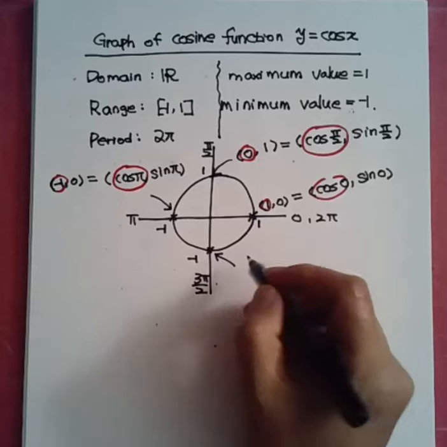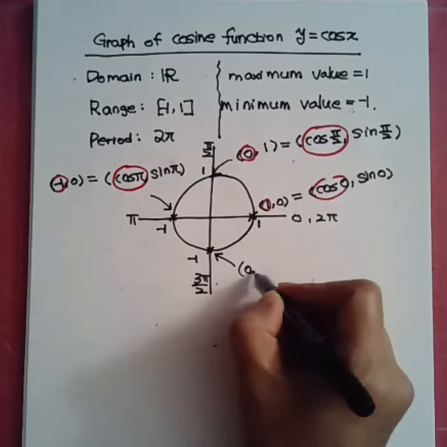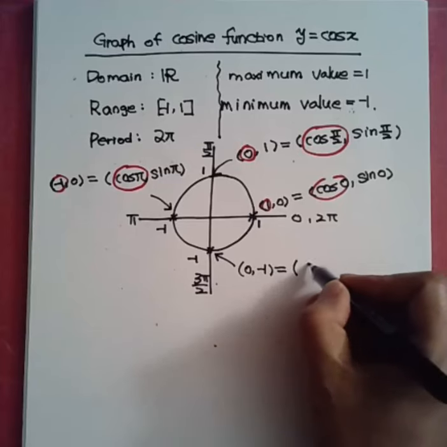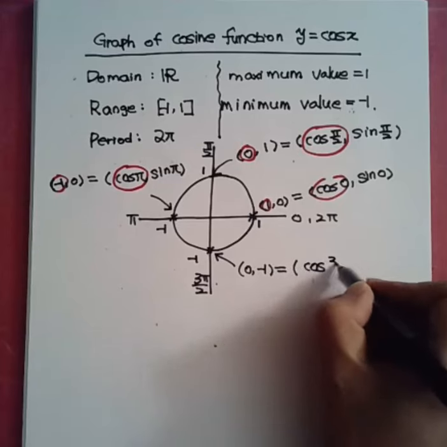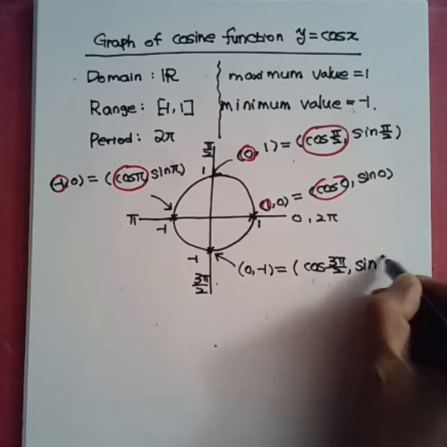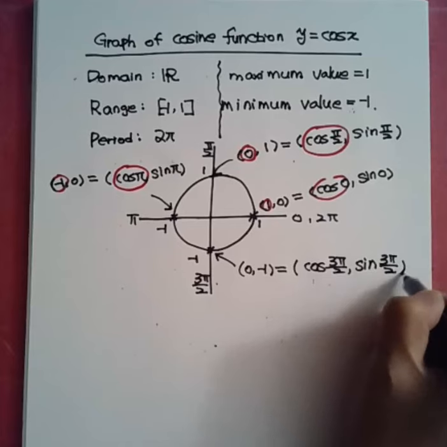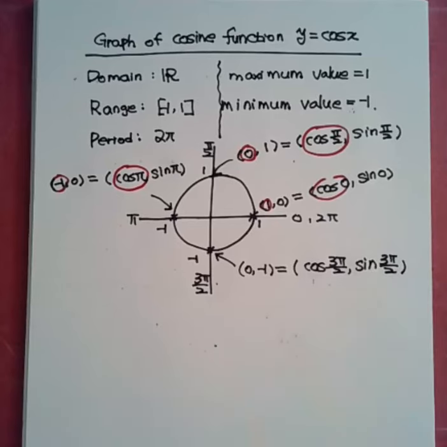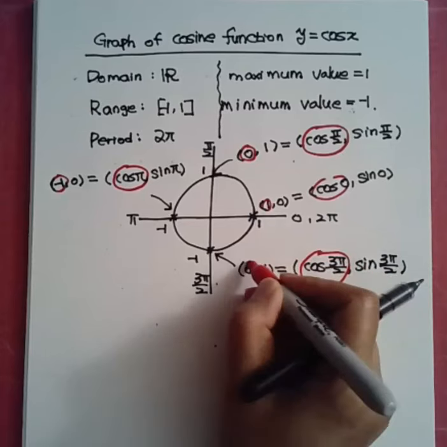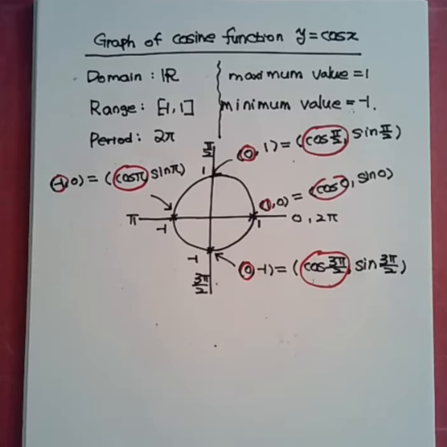The coordinate of this point is 0 and minus 1. That can be interpreted as cosine of 3 pi over 2 and sine of 3 pi over 2. So cosine of 3 pi over 2 is 0.